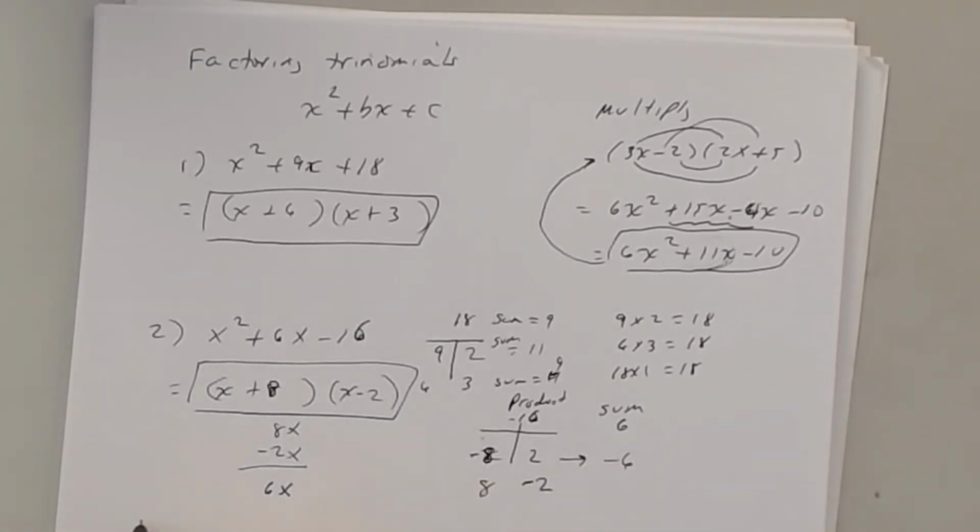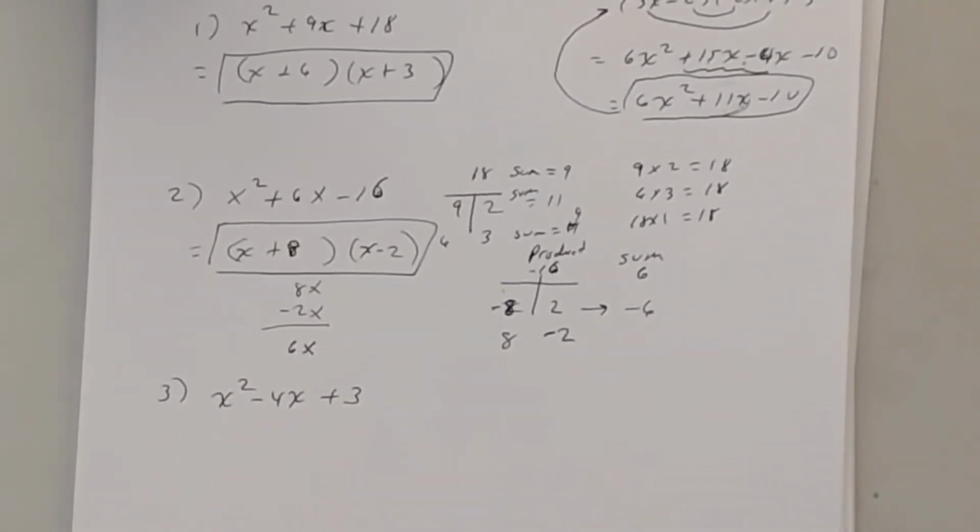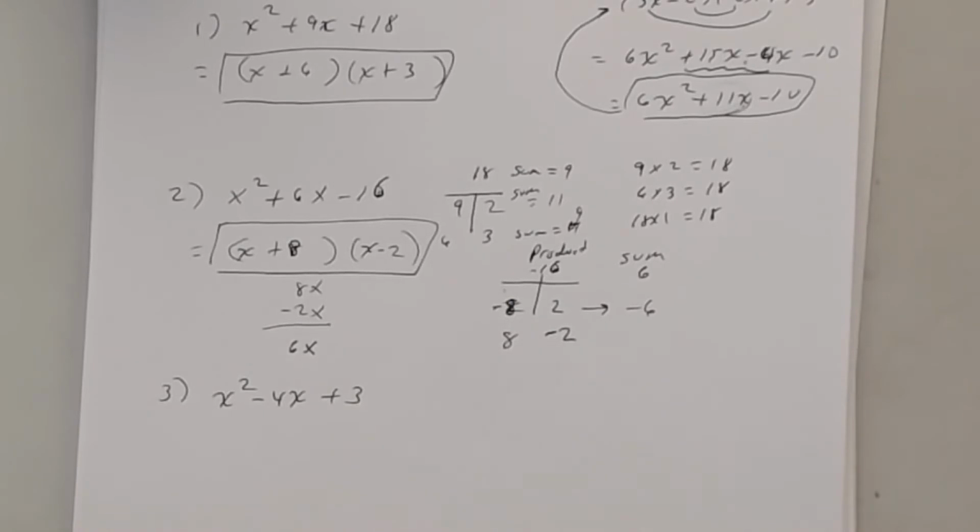All right. Number 3. Suppose I had x squared minus 4x plus 3. What's the GCF? 1. What's the coefficient of x squared? 1. That's the easy kind.